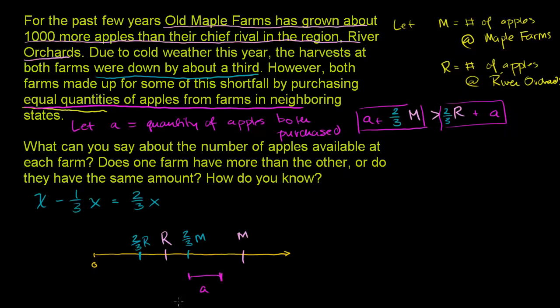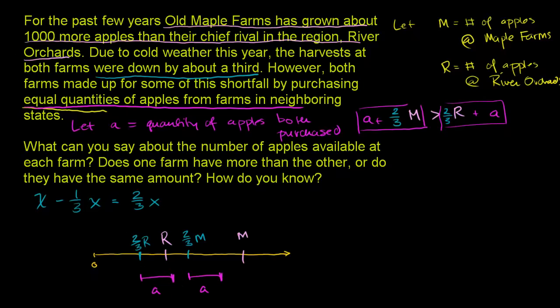But River Orchards also purchases A apples. So let's add that same amount. I'm just going to copy and paste it so it's the exact same amount. So River Orchards also purchases that same amount.